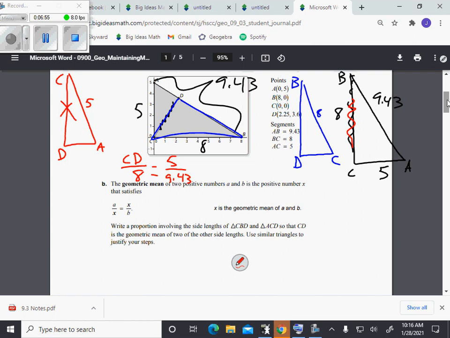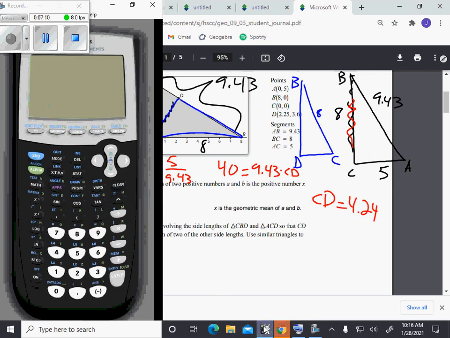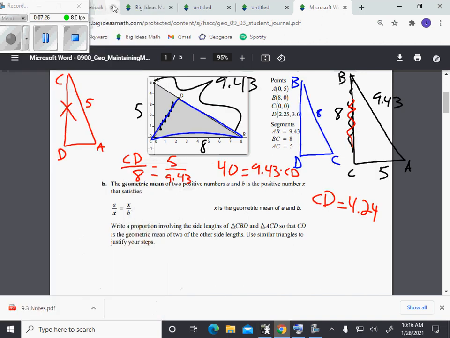We cross multiply, we get 40 equals 9.43 times CD, divided by 9.43. CD is equal to 40 divided by 9.43, which is 4.24. Cool. Good.